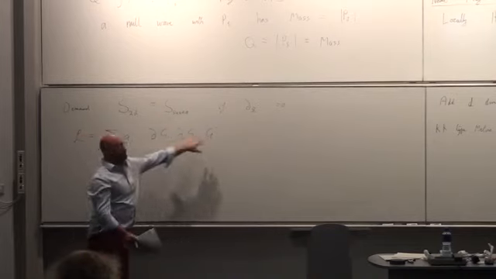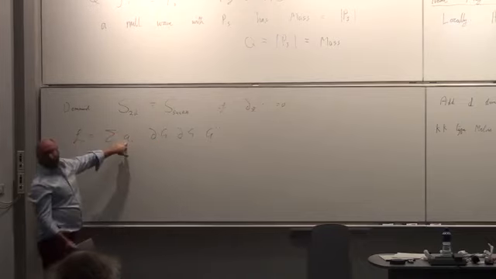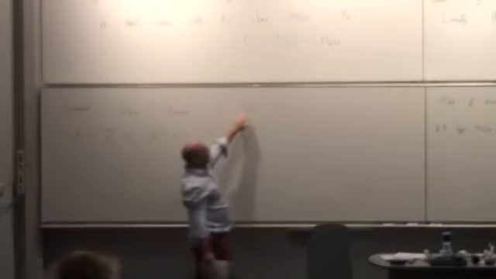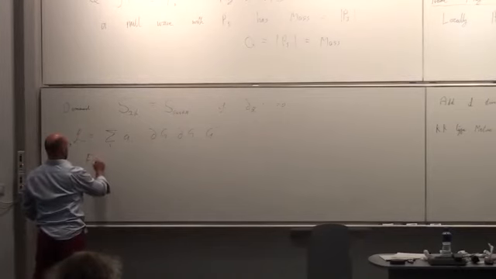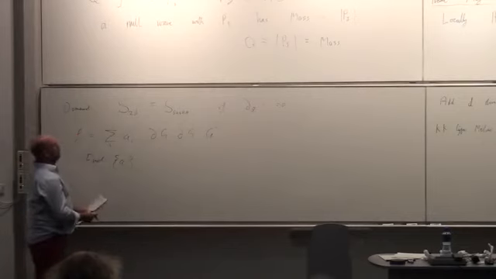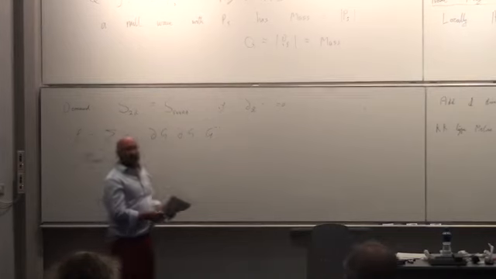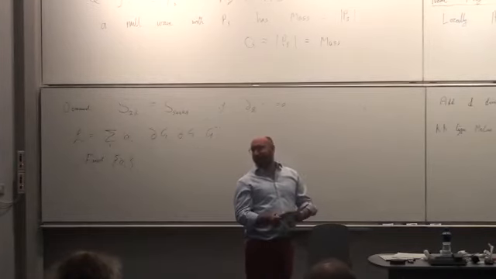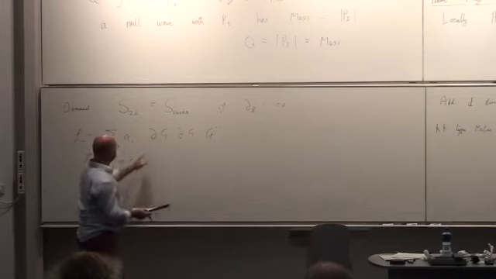You write down all the index structures that are allowed for two derivatives in G, give a coefficient for each one, and then you impose this constraint and use that to find the set A_I of coefficients such that this is true. Okay? And now you've got the equivalent of the Einstein-Hilbert term for your theory. It's not very geometric, but it gives you an action for G.